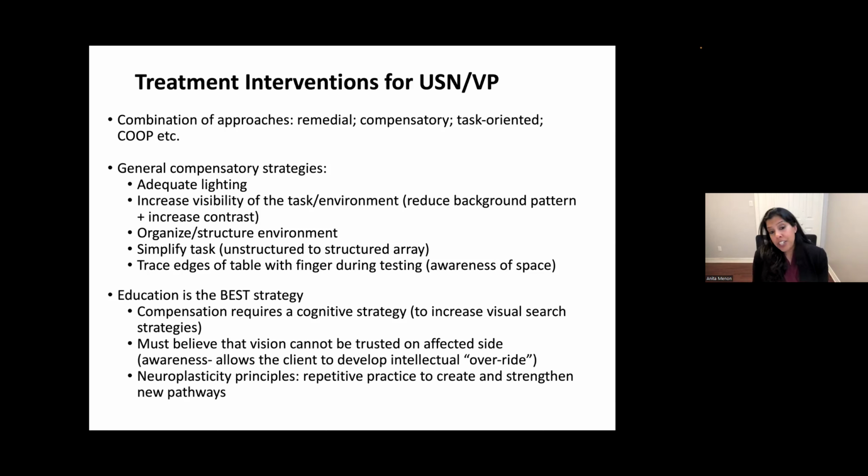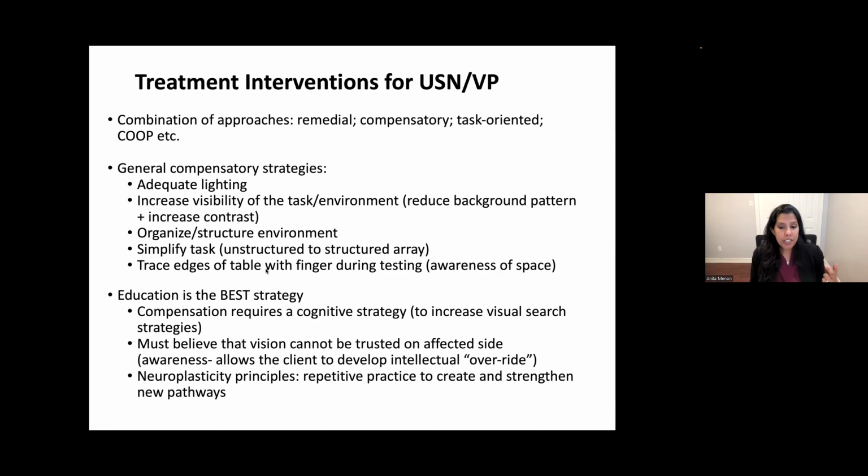And then finally, education. This is critical for any visual perception or USN type of treatment, and this is compensation in and of itself. This is where you're trying to get the individual to be really aware as much as possible about their neglect, about their visual perceptual deficit, and use a cognitive strategy to overcome their impairment and increase their search strategies.